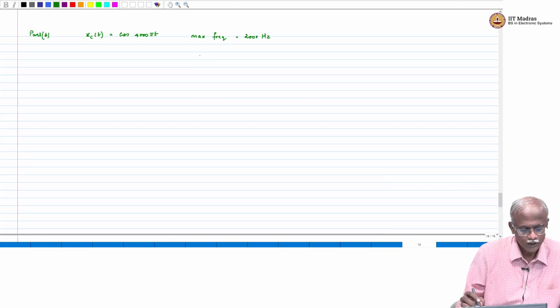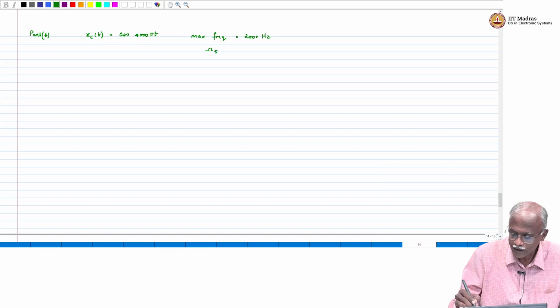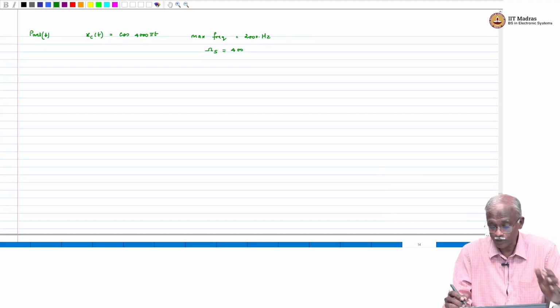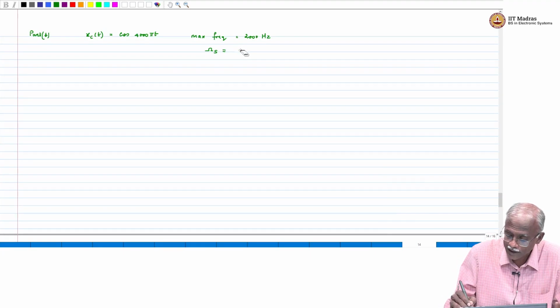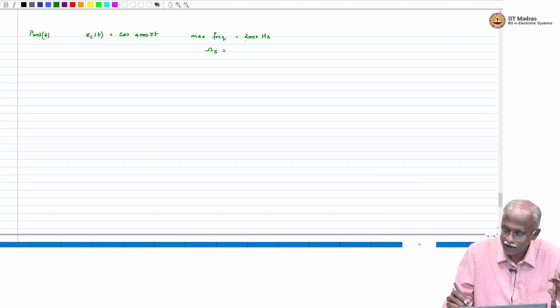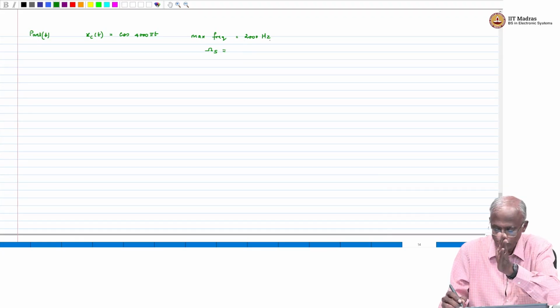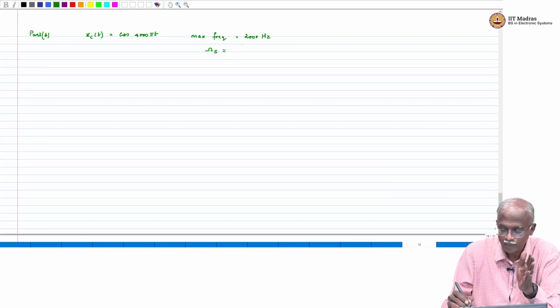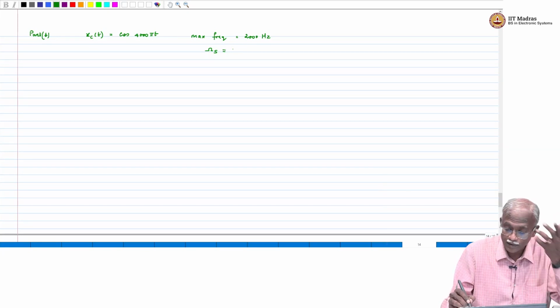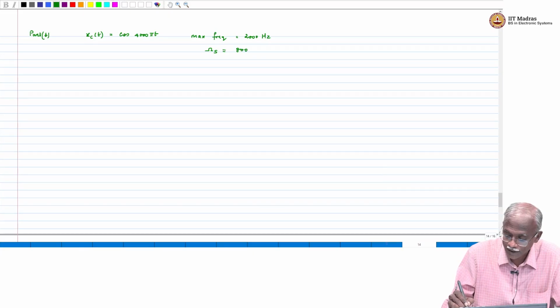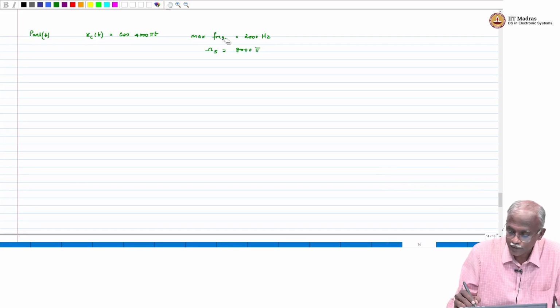So the Nyquist rate will be twice the maximum frequency, which is 4000 hertz. In terms of angular frequency, the highest frequency component is 4000 pi, and the Nyquist sampling rate will be 8000 pi. This is the Nyquist rate.